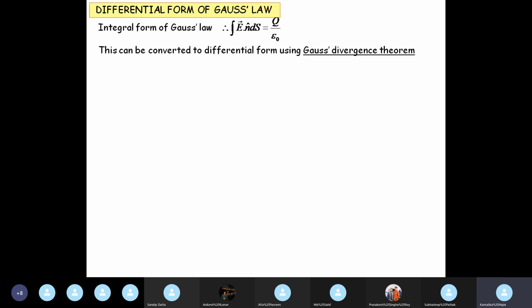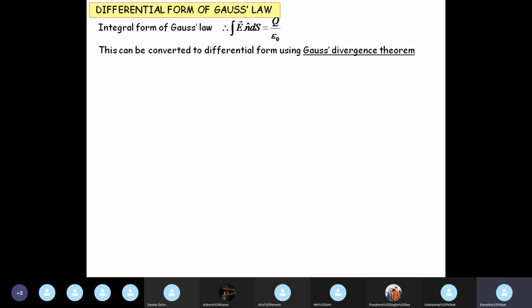But you cannot study electrostatics if you do not know Gauss's divergence theorem or Stokes theorem. These are extremely important and you need to know them.